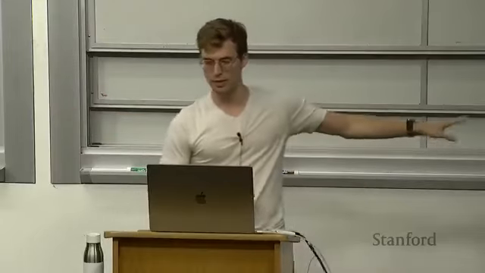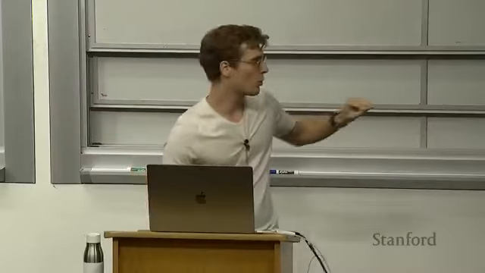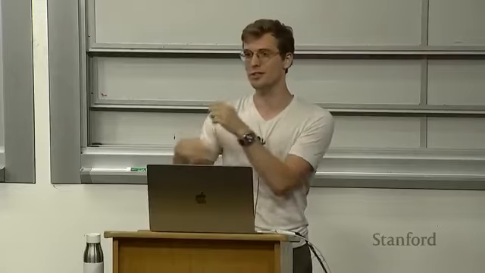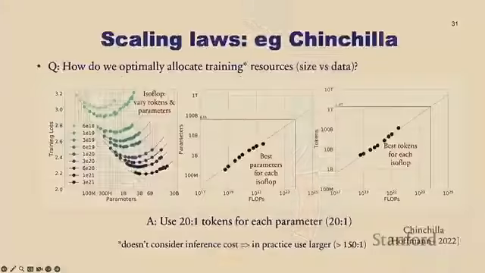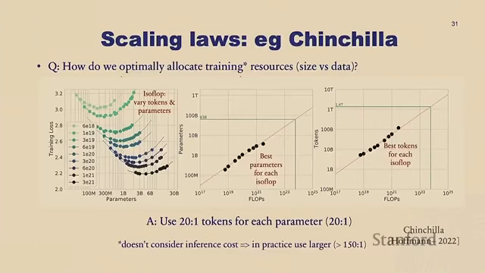So actually, if you consider the inference cost, other papers try to show that it's around 150 tokens per parameter, because you prefer having a smaller model, since over time you're going to spend less money on inference of these models. So 150 to 1, that's around what the best models are trained on right now, at least the ones that are used in practice in production.